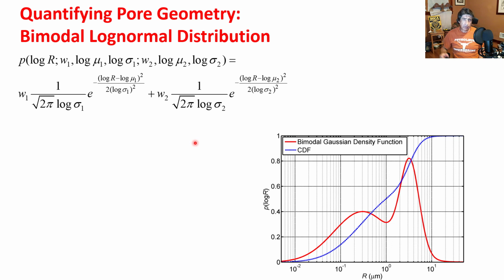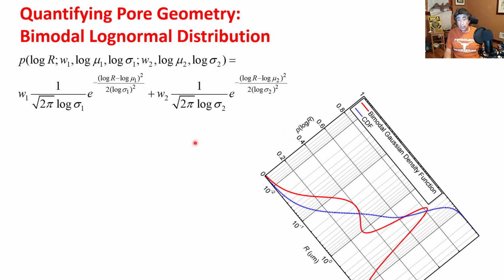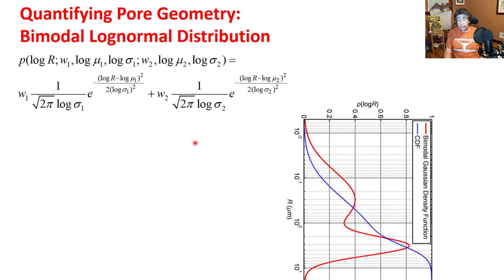We actually did this with one of my former students, and we applied it to several carbonate samples with great success. It's not a trivial implementation, but it's something that can be done, especially because the cumulative function of this bimodal pore throat size distribution can be linked directly to the mercury intrusion capillary pressure.